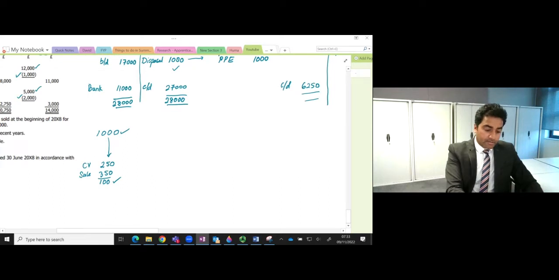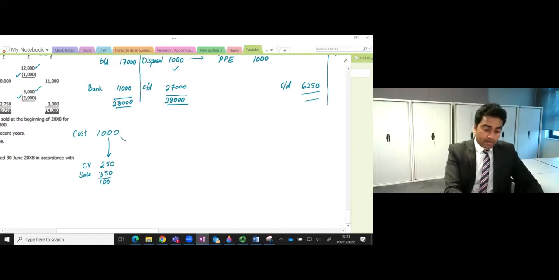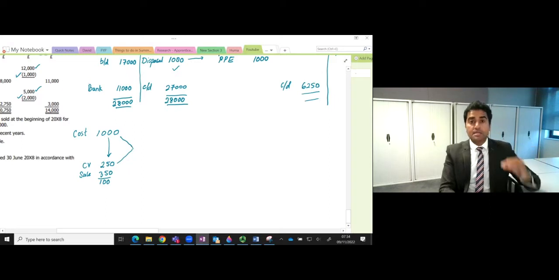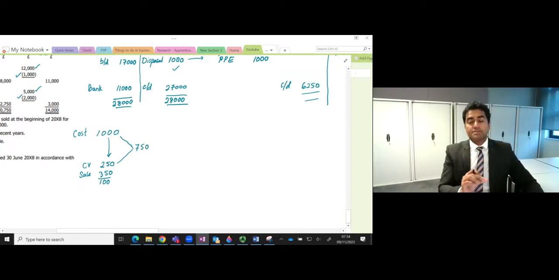The original value of the machinery was £1,000, which has been reduced to £250 after the deduction of depreciation. So let's work out. The depreciation is the difference between the original cost and the carrying value, which is £750. So this is the total accumulated depreciation of this machinery which has been sold.